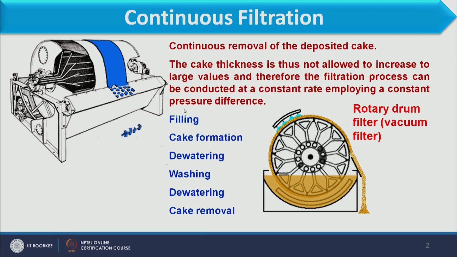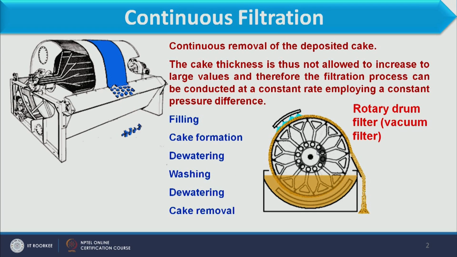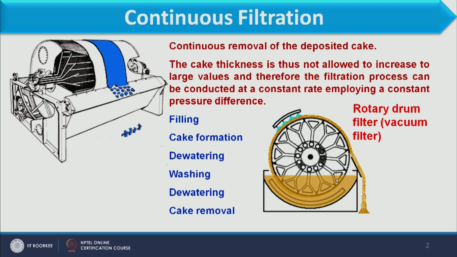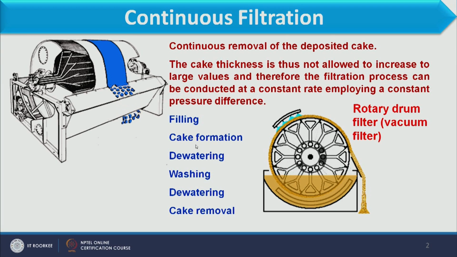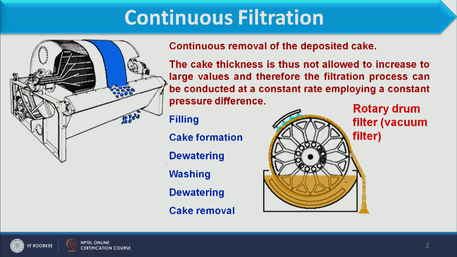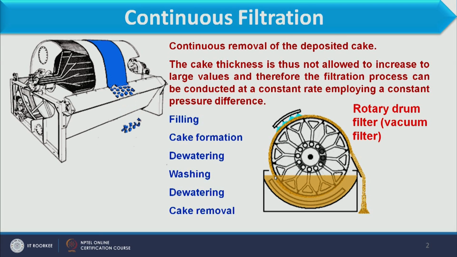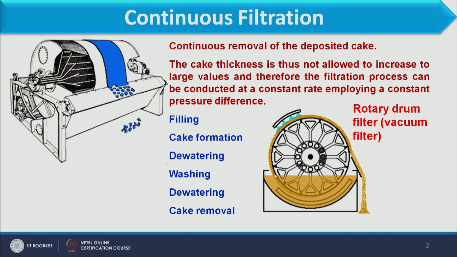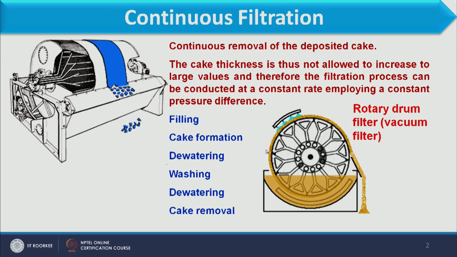So when we go through the different steps, filling is basically submerging this drum into the slurry, then cake formation, which means it sucks the filtrate, and due to this cake formation occurs. Then once it revolves and leaves this slurry, it comes into this section.